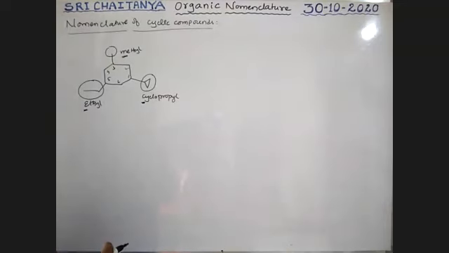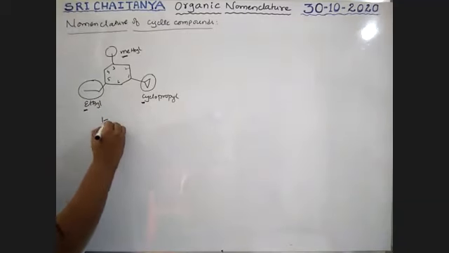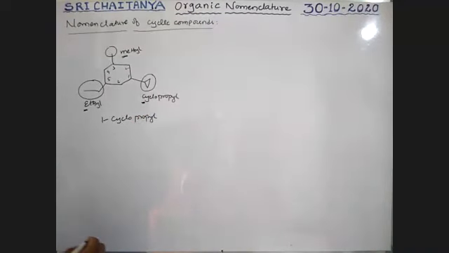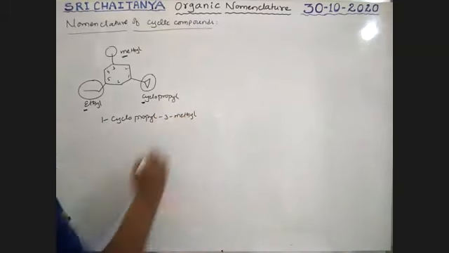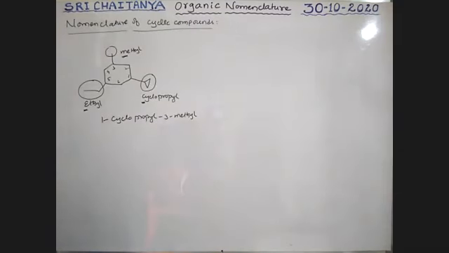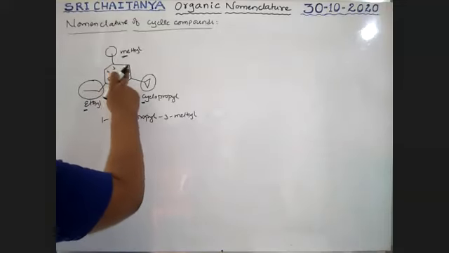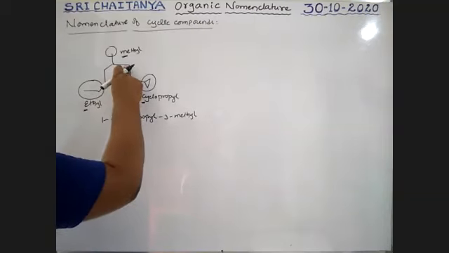That is 1-cyclohexyl, sorry, cyclopropyl, 1-cyclopropyl, 3-methyl, 5. Just a minute, boys. Sorry. Numbering is not like this.